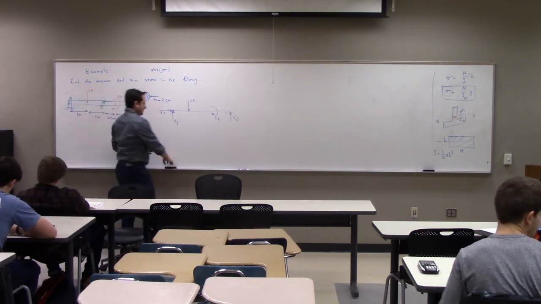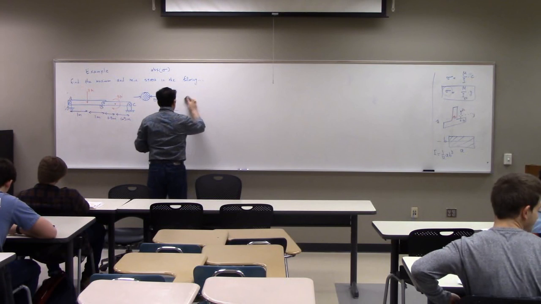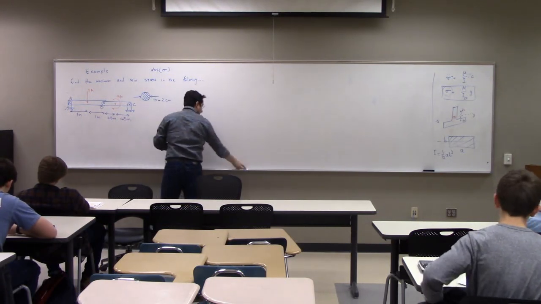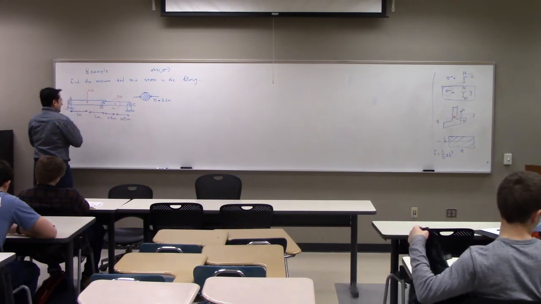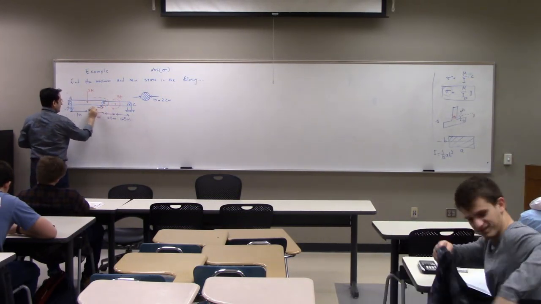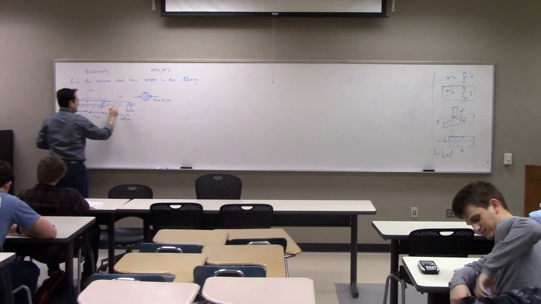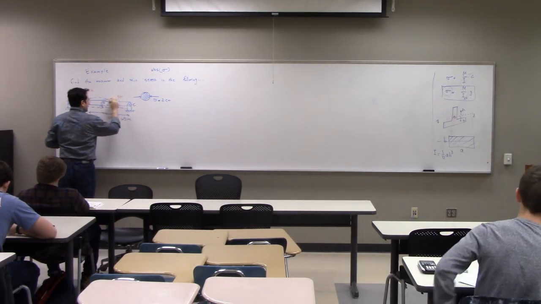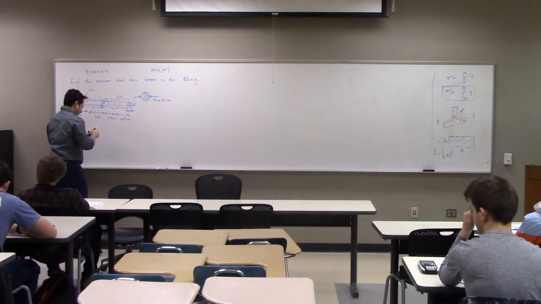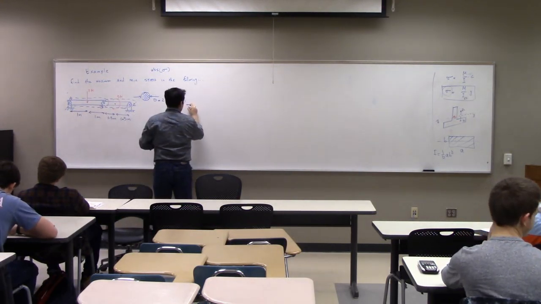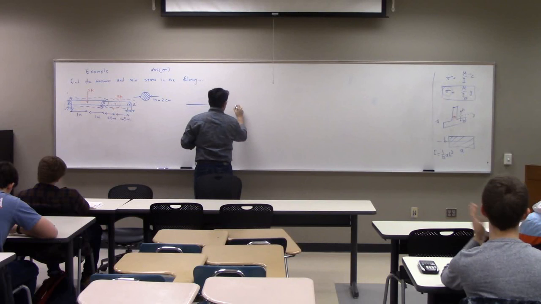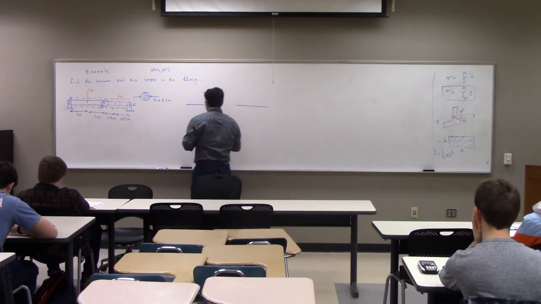So what should I do then? Consider each one as a system. So then you reiterate. You go back to system. So I take this as one system, and this one as system 2. So I draw my FBDs, system 1, system 2.